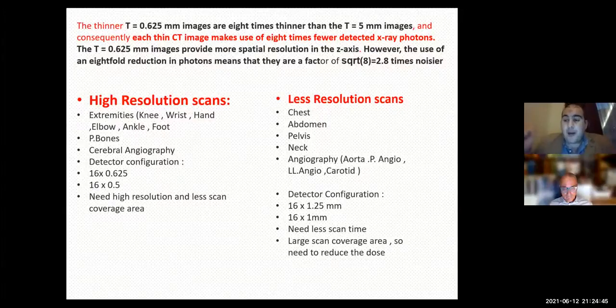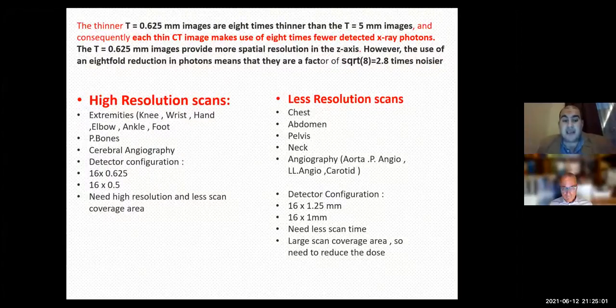So 1.25 millimeter is enough for you in case of chest, abdomen, pelvis, neck, angiography, pulmonary angiography, lower limb angiography, carotid. You can use 16 or 64, 1.25 millimeter or 1 millimeter.